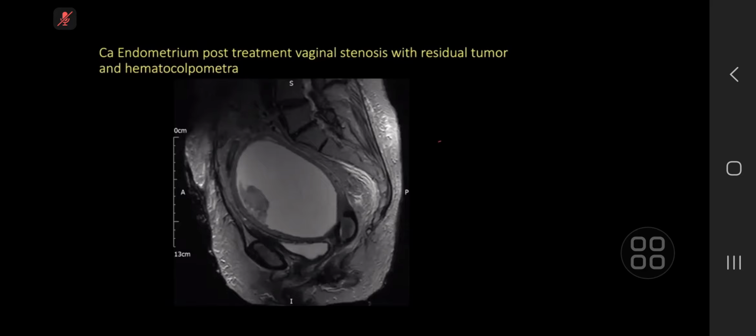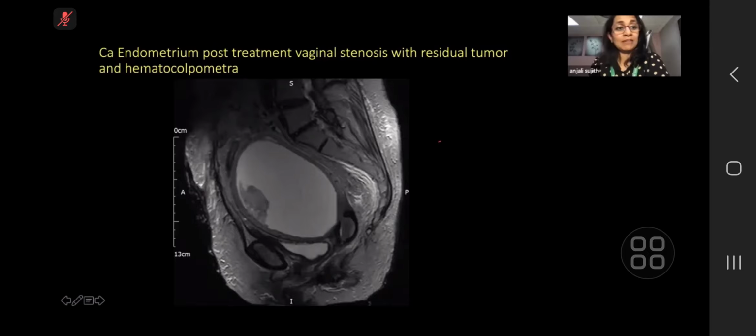In the context of hematocolpometra, could this be a clot? No, we have already given the diagnosis. So there is hematocolpometra and residual tumor. So I would like you to describe the findings, the uterine and cervical findings. So we know the diagnosis.